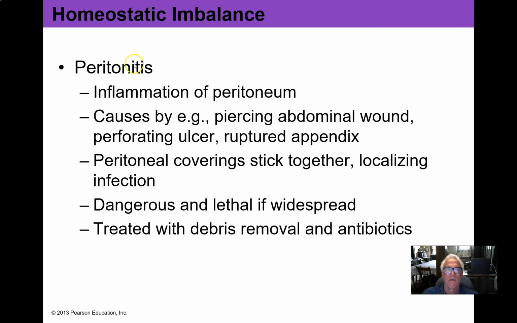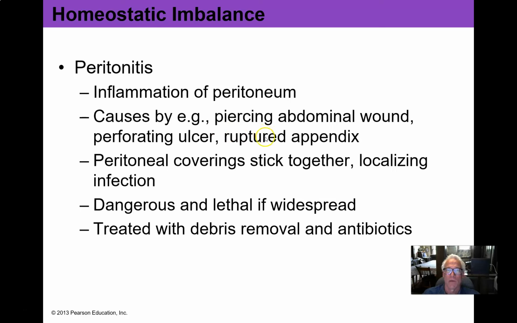Were you to get an inflammation of the peritoneal membranes, it's called peritonitis, inflammation. What could cause it? If you have an abdominal wound that allows bacteria to get into the peritoneum, then you could have an infection in there, an inflammation.